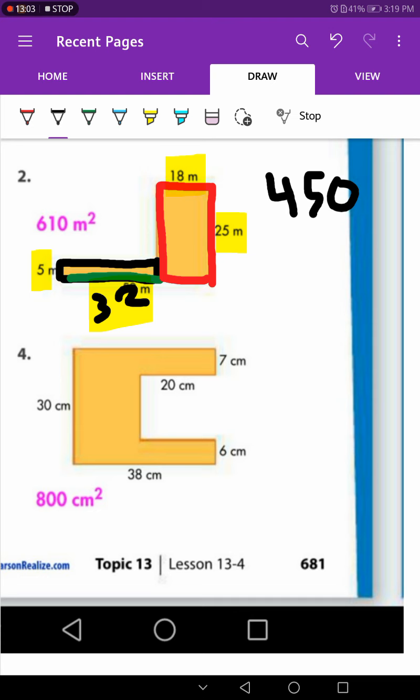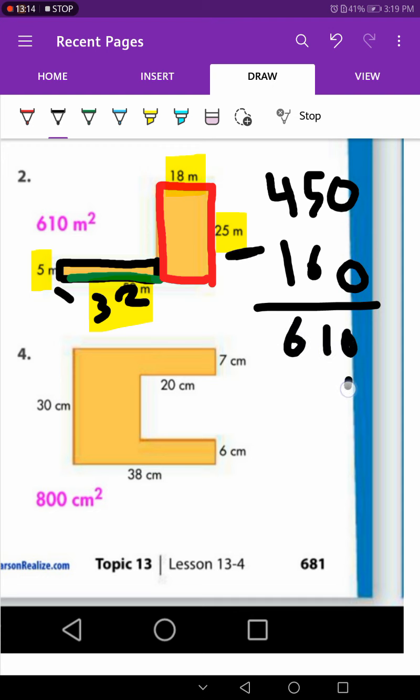Yes, 160. So the answer is 610. What is the unit? Meter square. So I need 610 squares with 1 meter for each side of the square.